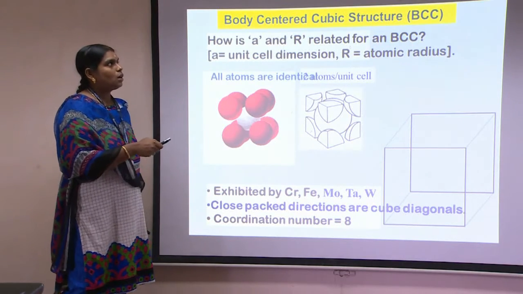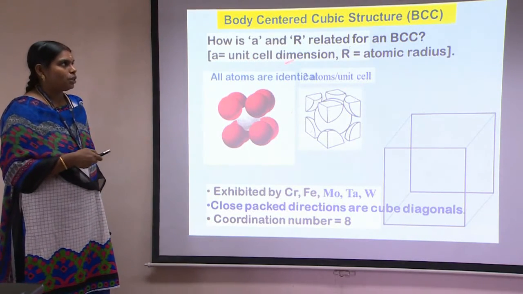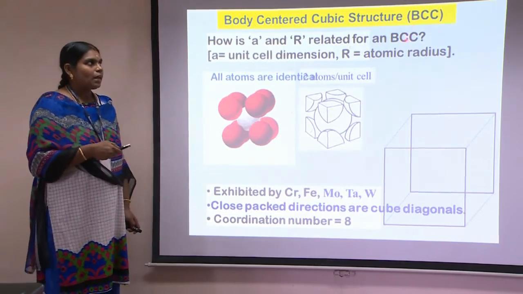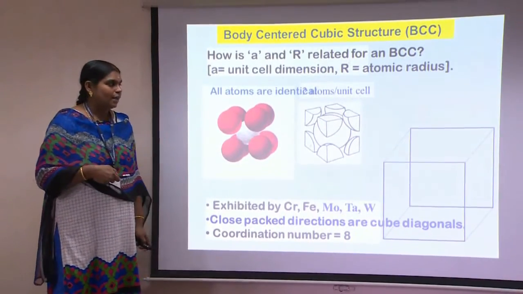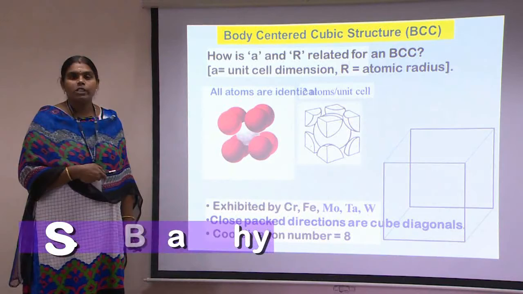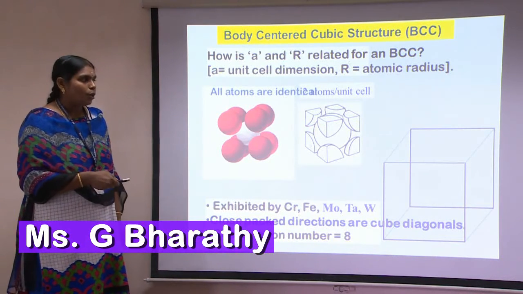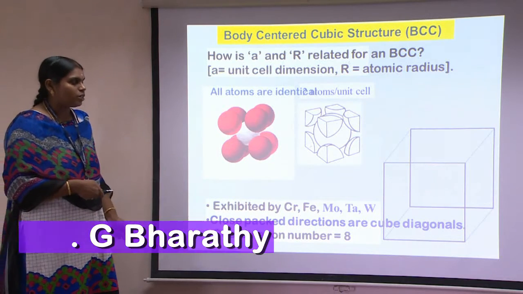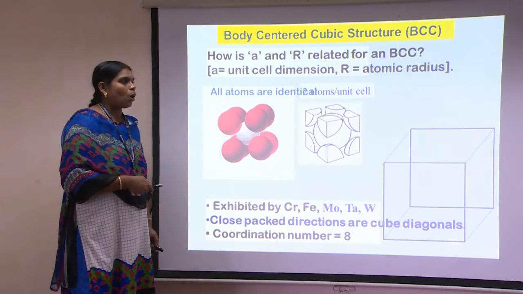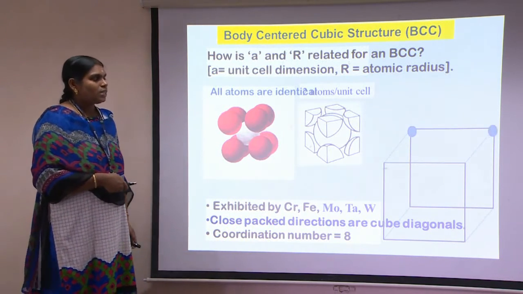The next structure is the body centered cubic structure, BCC. From the name itself we can understand that there is a body centered atom present in this crystal structure. That is how we are going to categorize these crystal structures. First we can see how the atoms are placed.